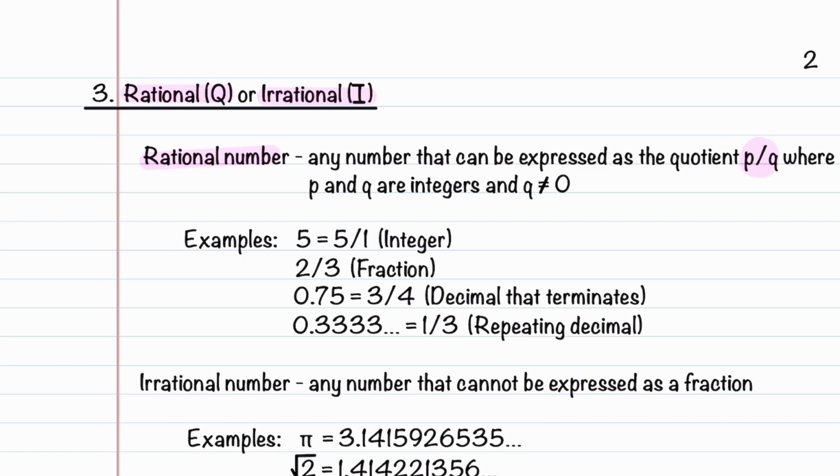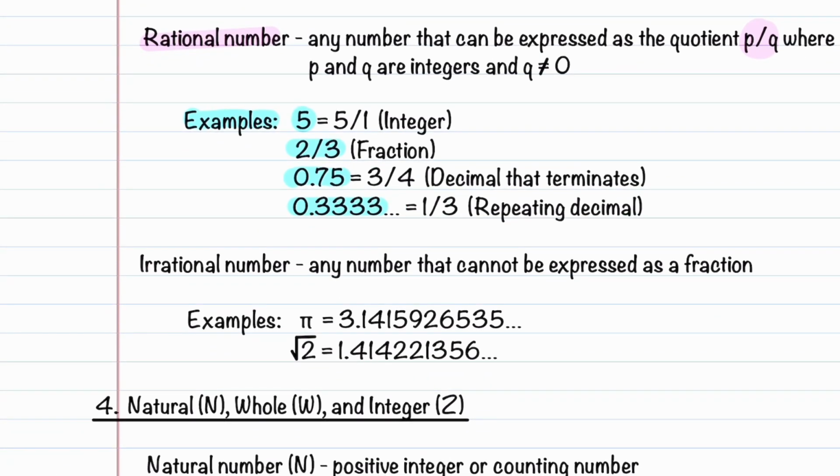This just means that a rational number can be written as a fraction. Examples of rational numbers are 5, 2/3, 0.75, and 0.3333, which keeps repeating. All of these examples are rational numbers.